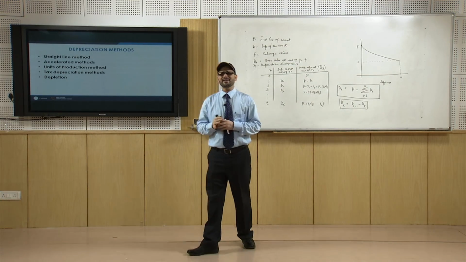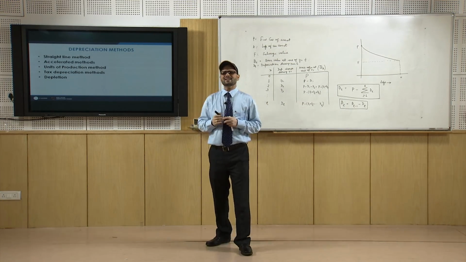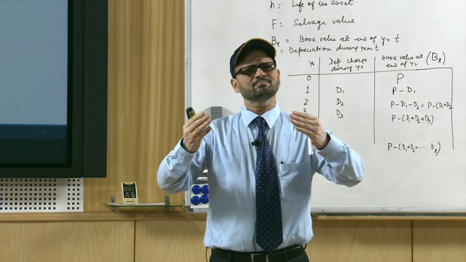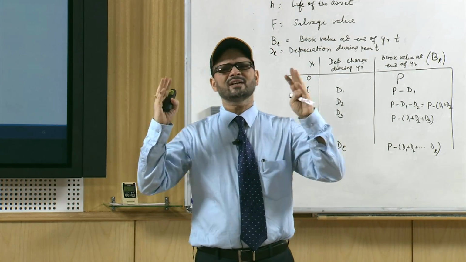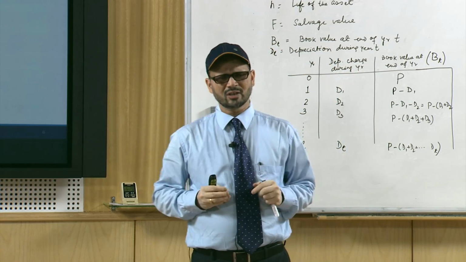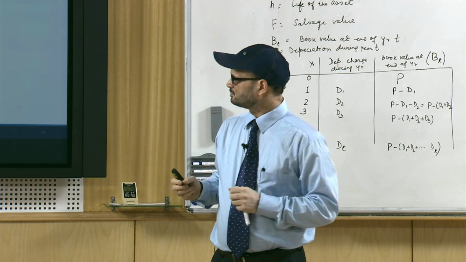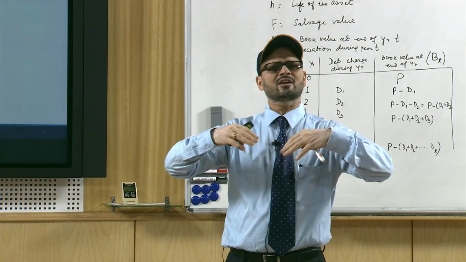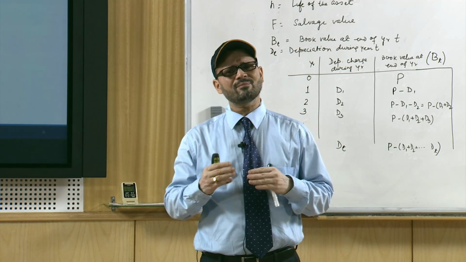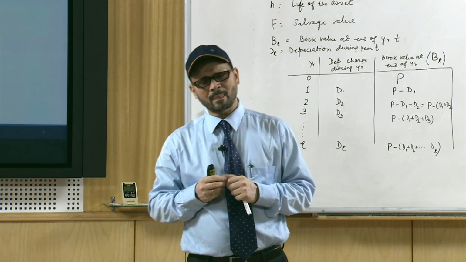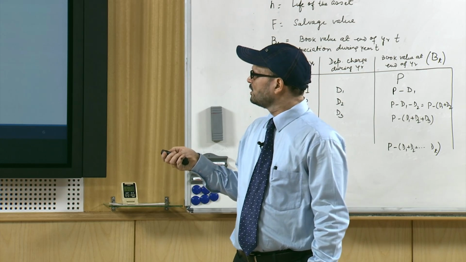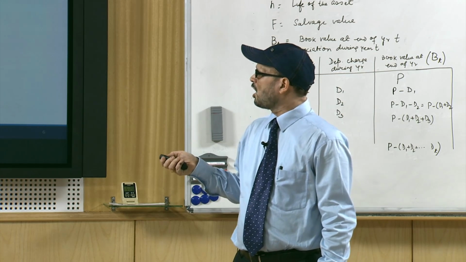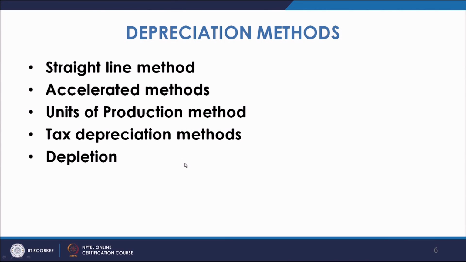One of the methods is units of production method. So, basically many a times a machine which has come to the investor has a certain capacity to produce. Suppose it has the capacity to produce 3 lakh units over its life of 5 years. Now, the depreciation will depend upon how much you are using that machine.